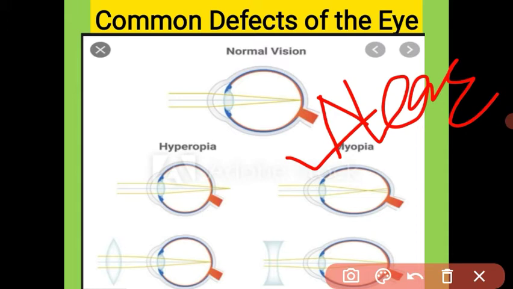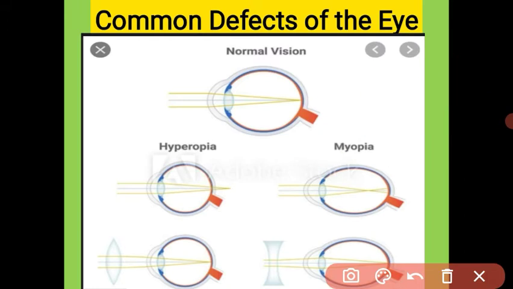The distant object is a blur. This condition is called myopia.